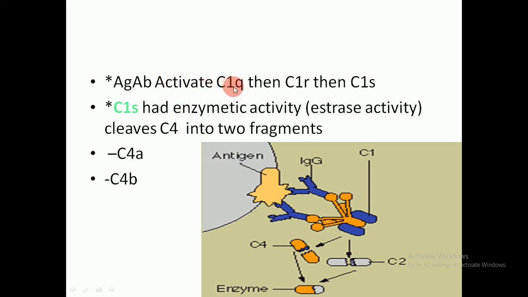Antigen-antibody activates C1q, then C1r, then C1s. C1s has enzymatic activity, which is esterase activity, and cleaves C4 into two fragments, C4a and C4b. So this is the antigen-antibody, which is IgG, activating C1, and then C1qrs cleaves C4 into C4a and C4b.